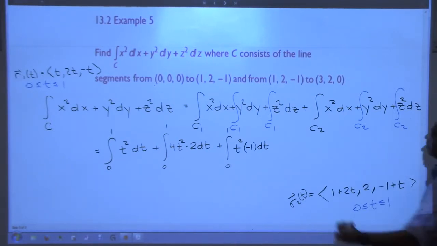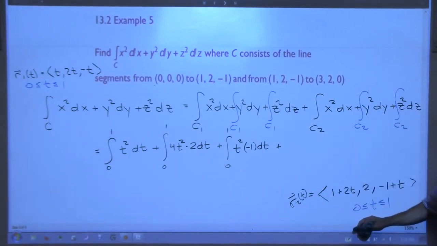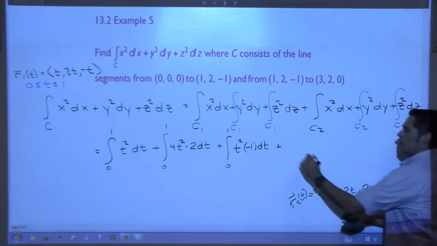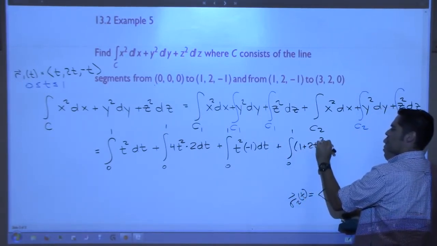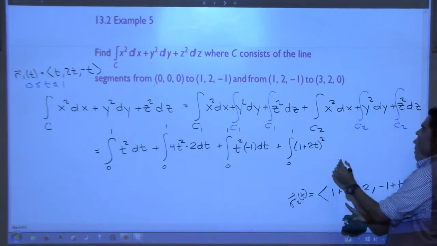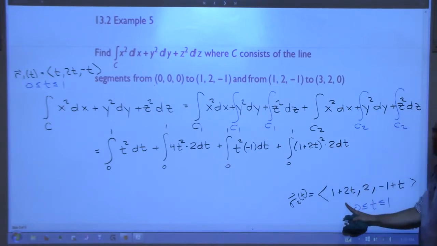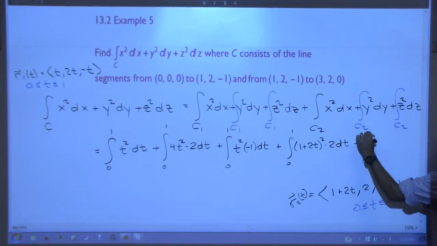Plus, we keep going. Now we're looking over C2. So I'm looking at this one. X squared: 1 plus 2t squared. dx, the derivative of this with respect to t: 2 dt. Plus this integral, 0 to 1 again.